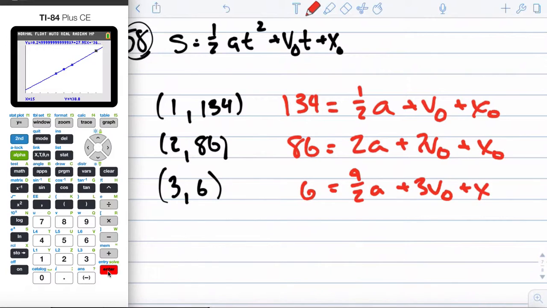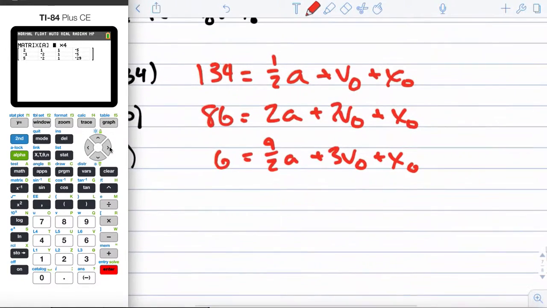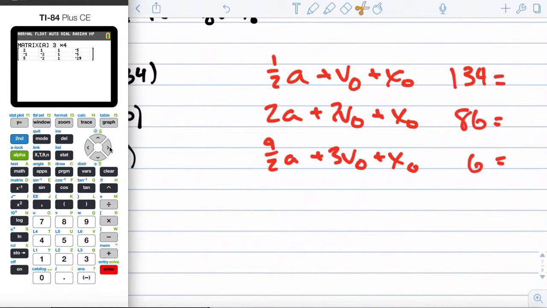And again, I'm going to use my calculator to solve. So I'm going to exit. I'm going to go back to my matrix menu, second matrix. I'm going to edit matrix A. And in the matrix A, this is in the wrong order. Okay, so the matrix I want to use takes these values here, puts them over here, and now that looks like what I want.